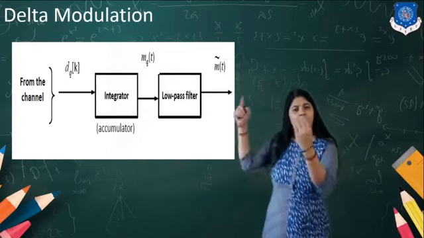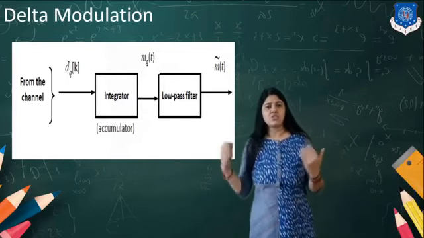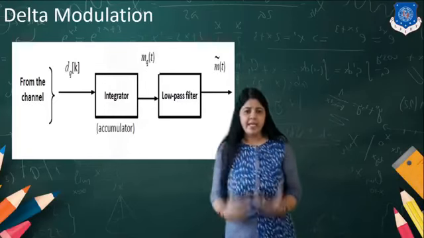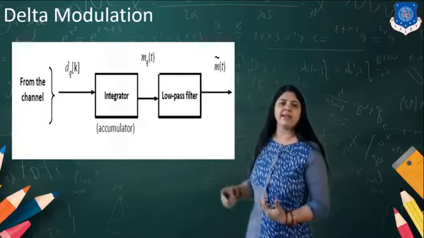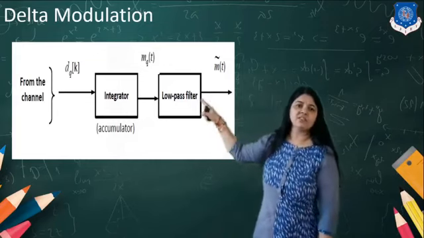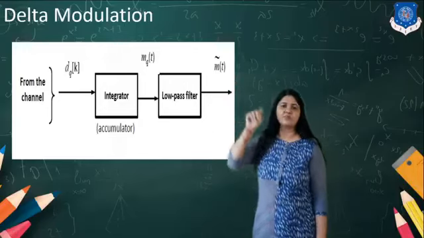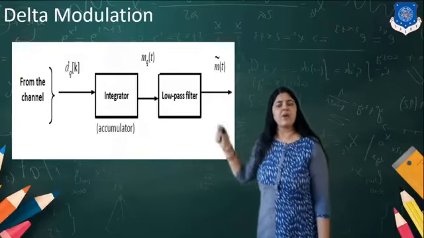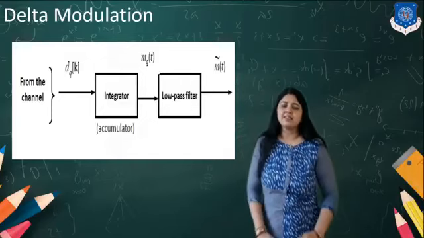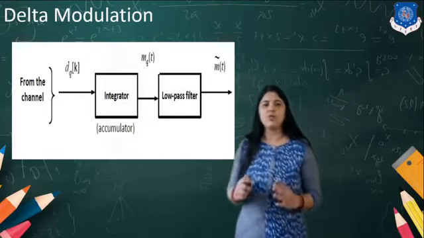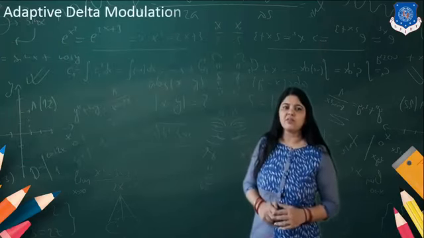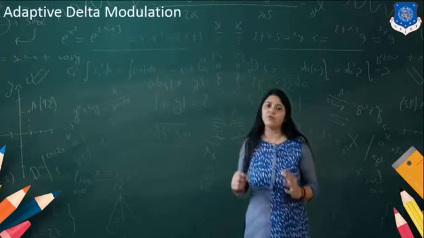All the values stored in the accumulator are integrated, and the integrated output is m_q(t), which is in staircase form, and that is passed through the low pass filter. So the output signal that we have is our original signal. This way we obtain such a signal.